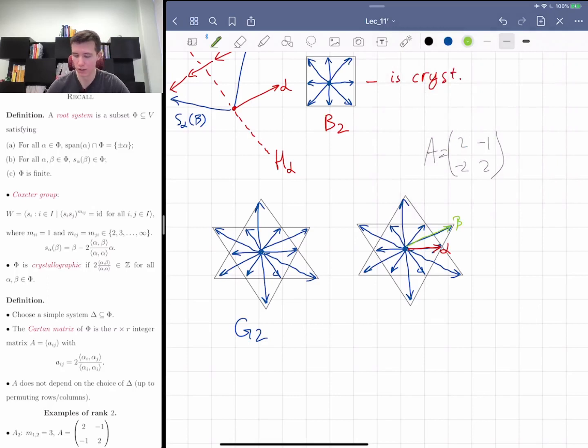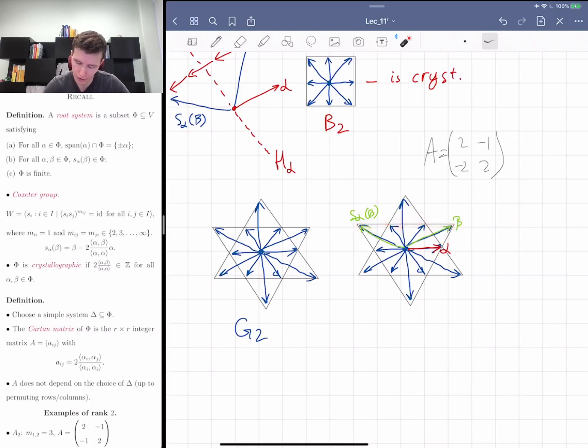And then if I reflect beta with respect to alpha, I'm going to reflect it along this line, so that guy here is going to be S alpha of beta. And the number of copies of alpha I need to add to go from here to here is 3. So 1, 2, and 3.